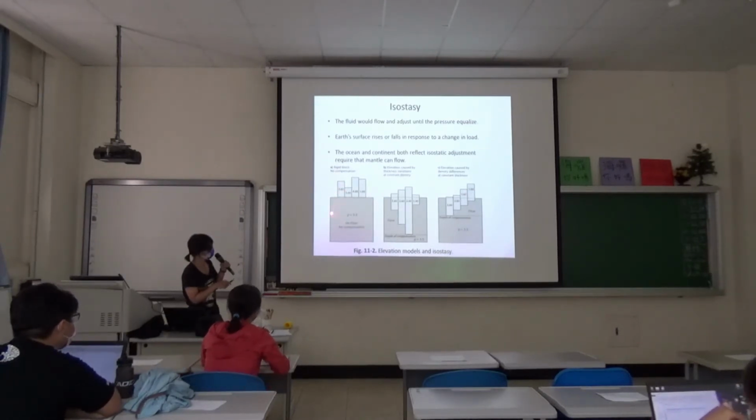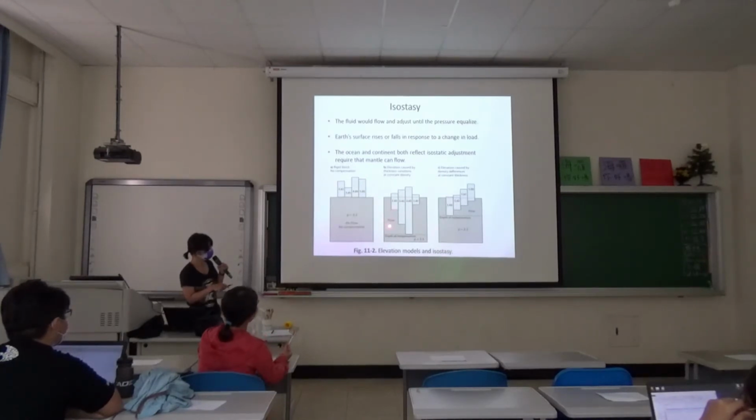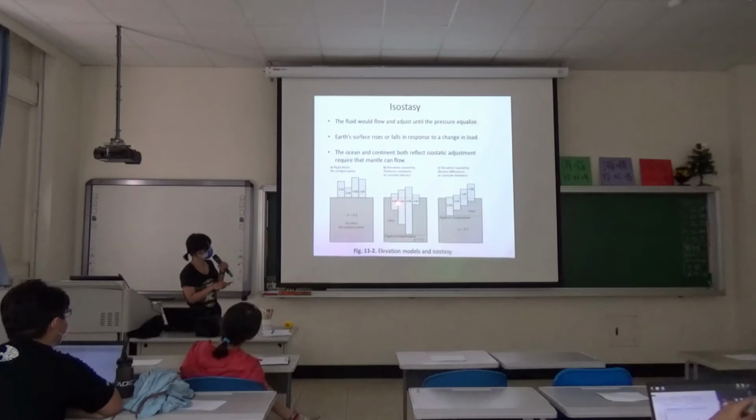And here, in this diagram, it confirms that the mantle cannot flow, so the crust is just on the mantle with different thickness and different density. And in the B diagram, it shows that the mantle can flow and the crust just floats in the mantle with the same density, different thickness.